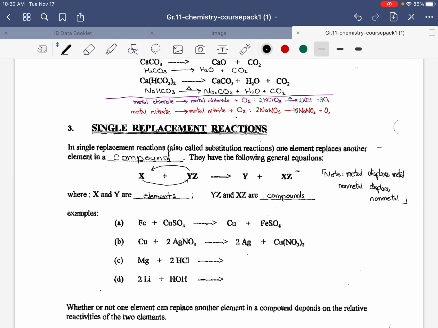That would be weird if you think about it, okay? Because if this was a metal and this is a non-metal reacting with a metal, if you have a metal displacing a non-metal, wouldn't this metal be in a compound with this metal? I mean, that's kind of strange to think of M&M like that, but that's not the way it's supposed to be, okay? There's always metal displacing metal, non-metal displacing non-metal, and that's how it works. Always. So let's take a look at some examples.